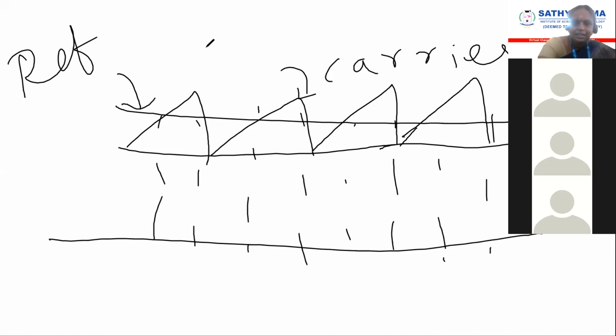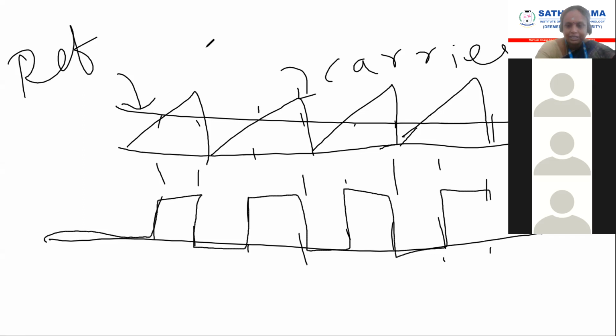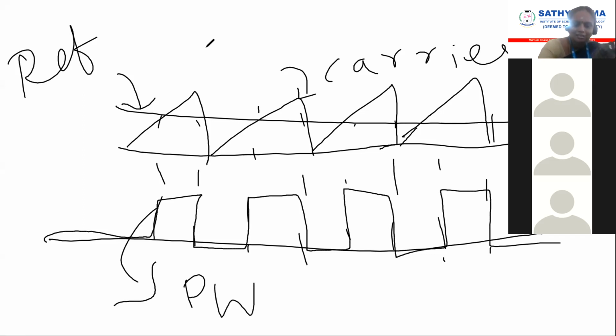It will generate the waveform. This is my PWM pulses. Are you clear? So capture, compare, PWM module is nothing but generating signals by comparing, and it will produce the PWM pulse.